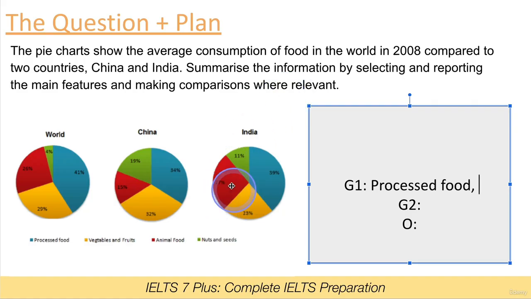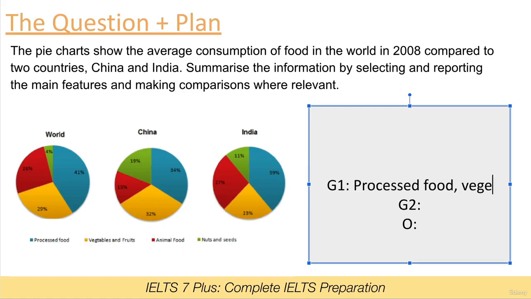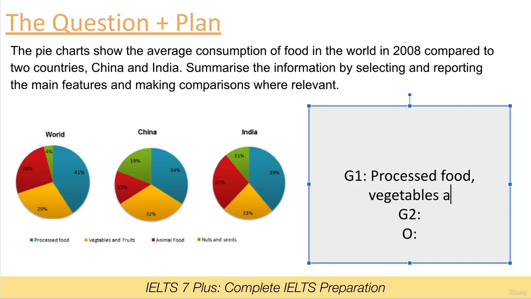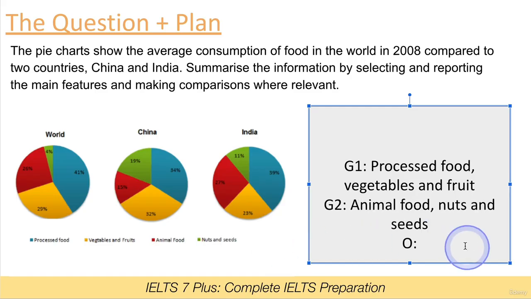Even though animal food is higher in India, we can still group it together to say for most of, 2 out of 3. Vegetables and fruit. Okay. And then we've got our next group, animal food, nuts and seeds. Okay, so I think that's how I'm going to approach these groups today.